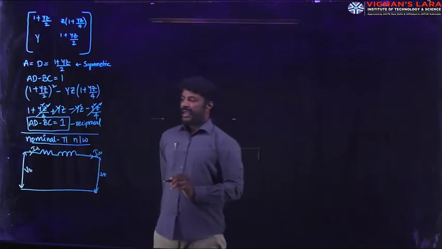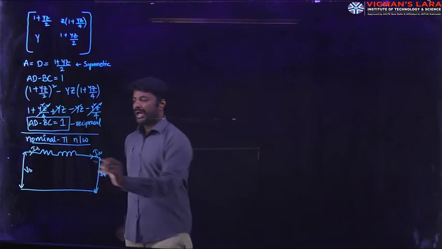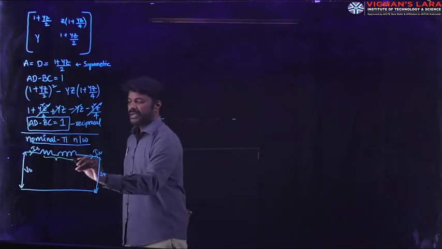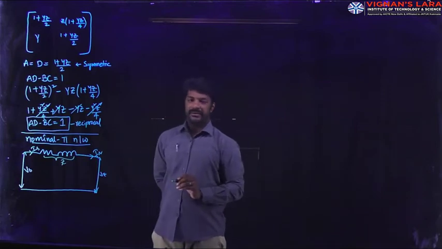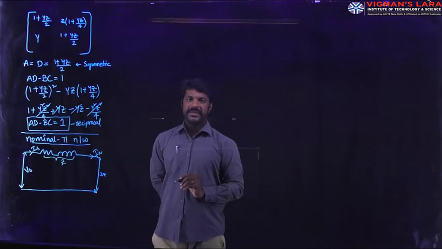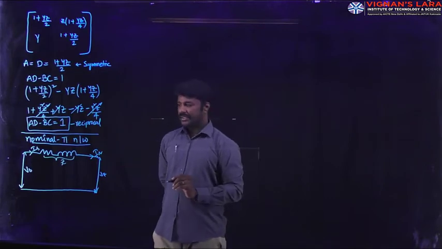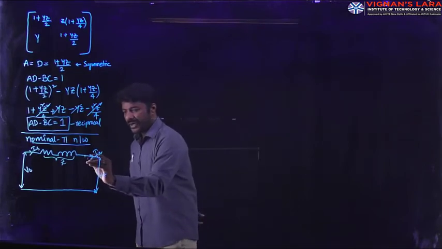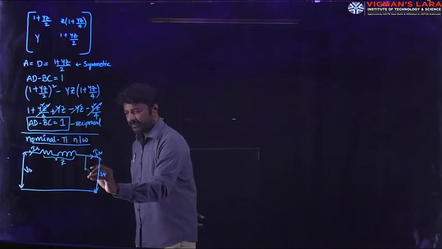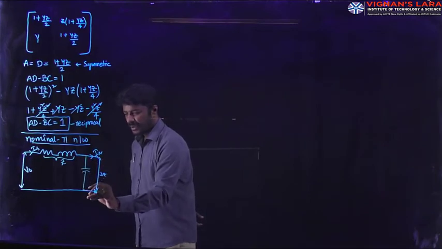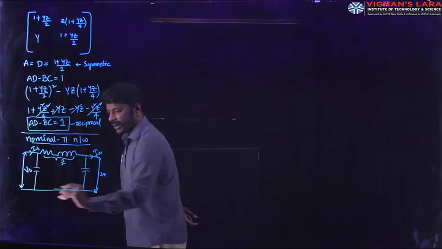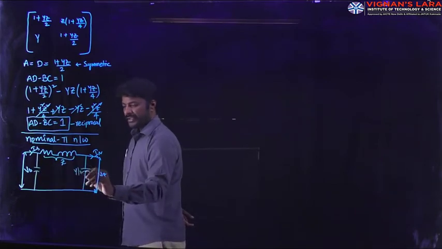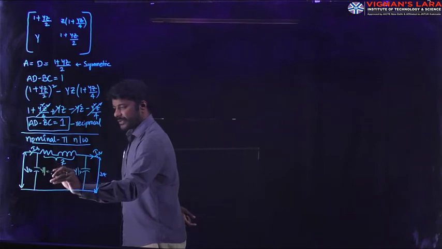So on either side of this impedance called R plus JXL, simply we call it capital Z, the admittance is located. What is admittance Y? Y is equal to 0 plus J BC. So this Y value is now divided into two parts and placed on either side of this impedance, called Y by 2, and this is also called Y by 2.